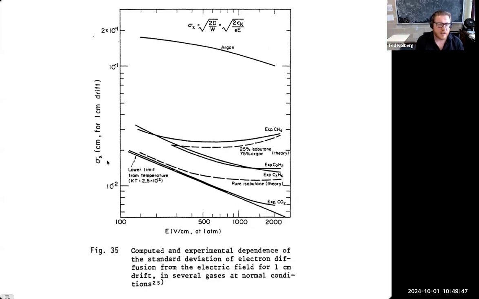This is the sigma of the transverse size of the electron cloud after 1 centimeter of drift. And you see that it's actually a significant fraction of the drift for argon. For a 1 centimeter drift and a typical operating voltage of 500 volts per centimeter, we're up close to 0.2 centimeters of transverse drift for every 1 centimeter that they propagate through the gas.